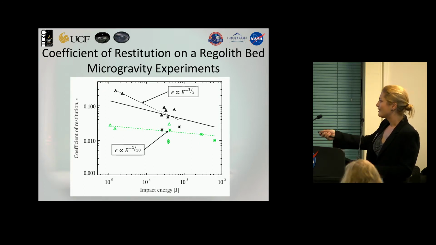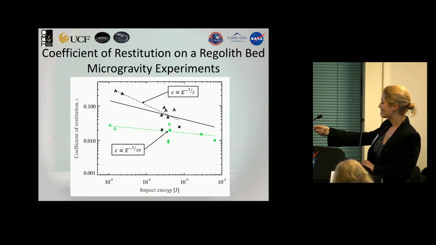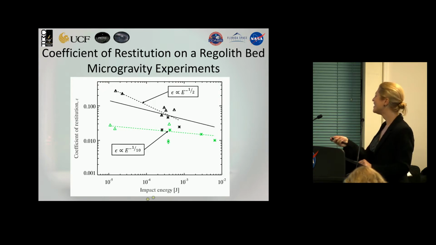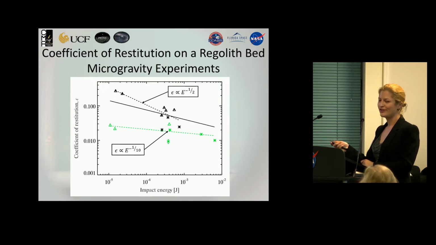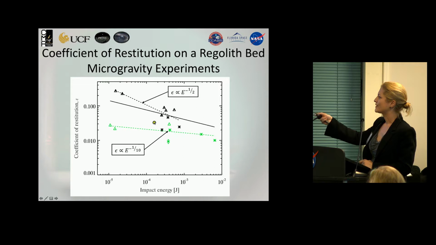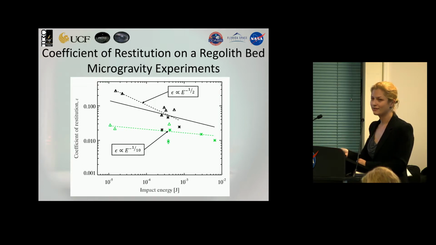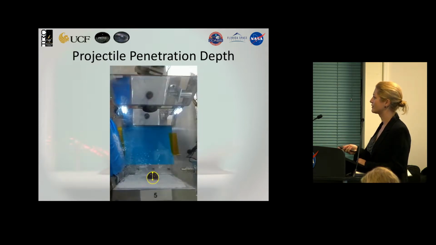The problem is that for COLLIDE we have very low resolution data, while we can see much better what's happening up here. So the conclusion is we have to get more data to see what's going on with the coefficient of restitution.